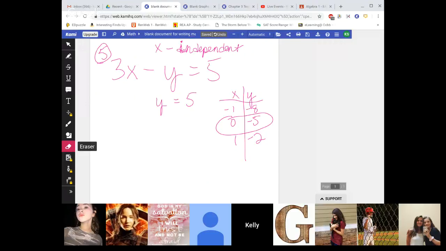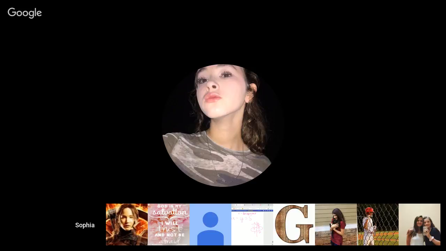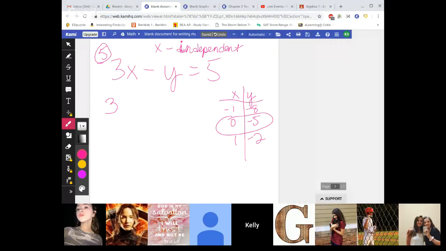I plugged in a 0 for x, so what would that be? My y-intercept or my x-intercept? Y. Yes, good job. So now I'm going to find the x-intercept by plugging a 0 in for y.